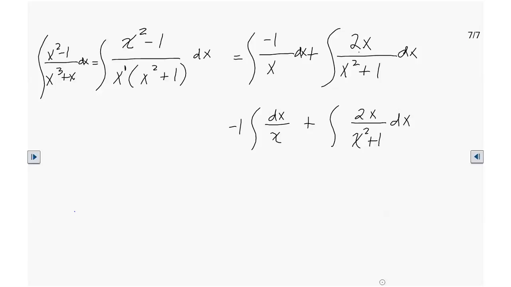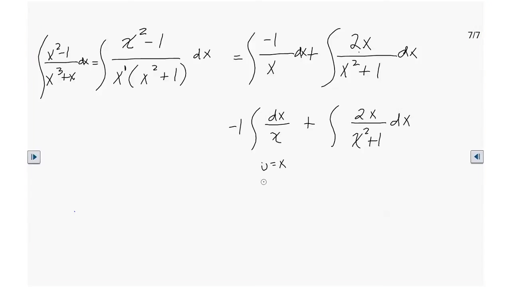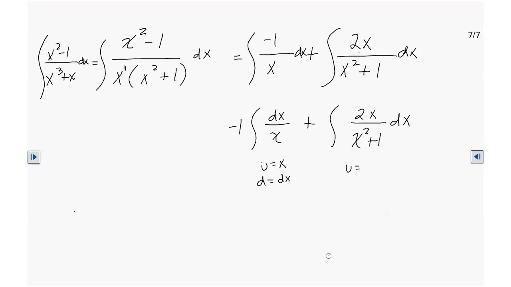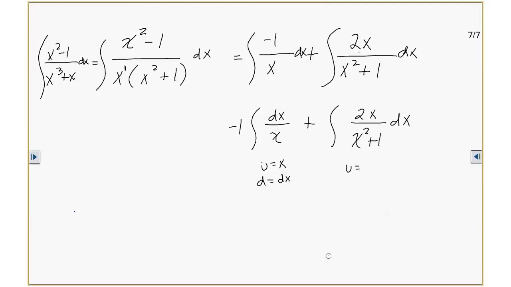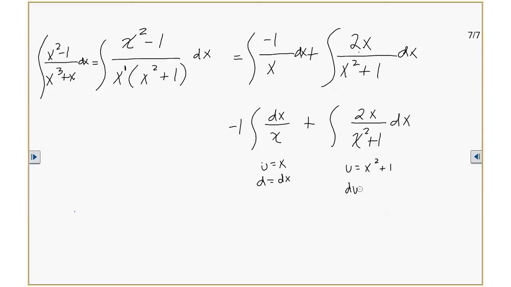And what is u? u is equal to x. du is equal to what? This one looks a little bit different, but it's still the same. u is equal to what? du is equal to 2x what?